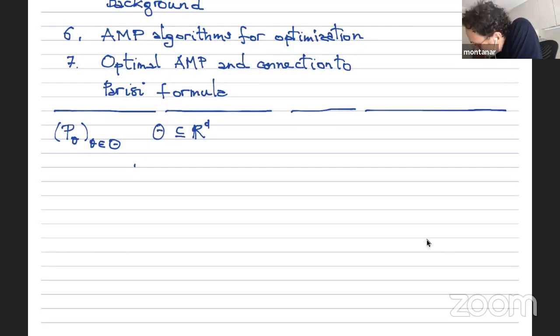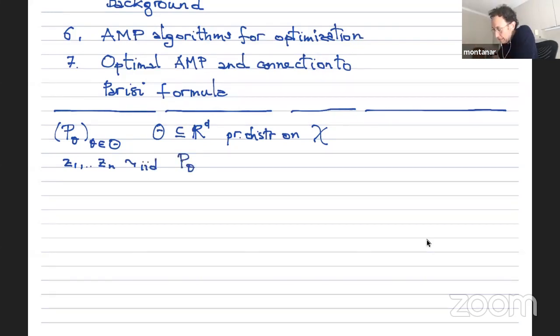These are probability distributions on some measurable space X. Then you have data that are samples Z1, ..., Zn, IID from one of these distributions in this class, and let me write underline Z for the collection of all the samples.